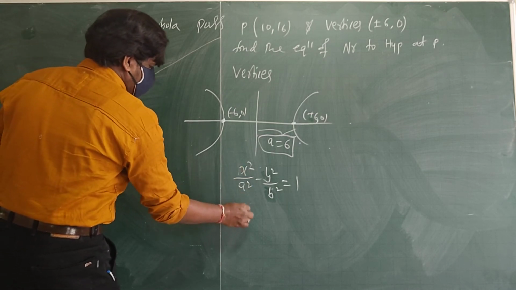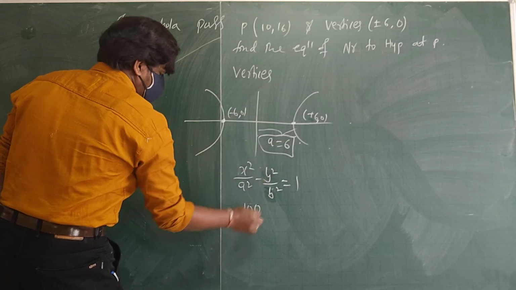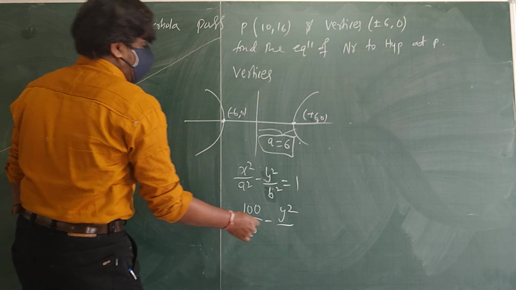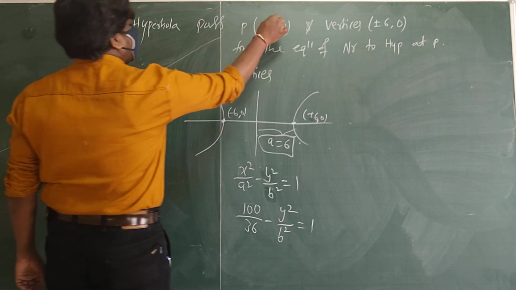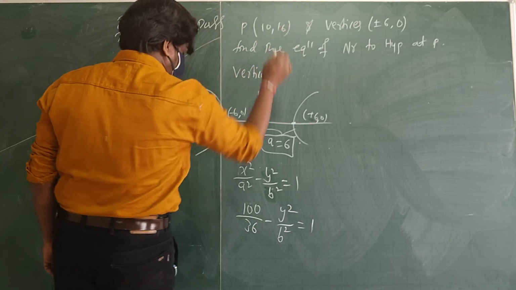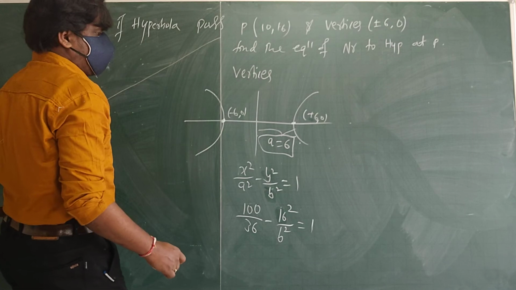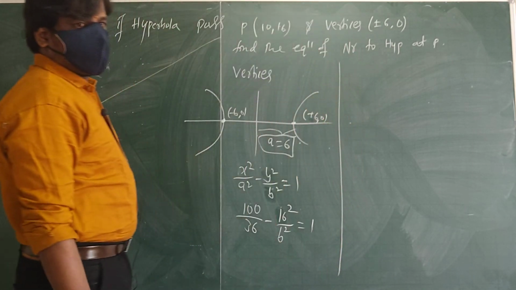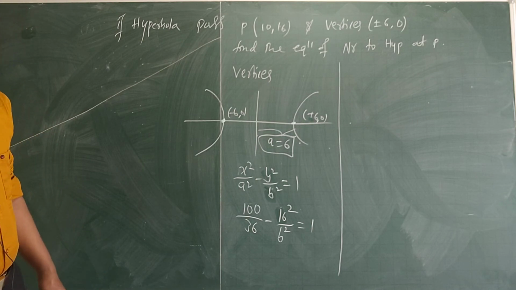If I substitute, 10 square is 100 by a square, a is 6 so a square will be 36, minus y square by b square, which we don't know, is equal to 1. Since it passes through (10, 16), I can write 16 square. What is the value of 16 square? 256, correct?